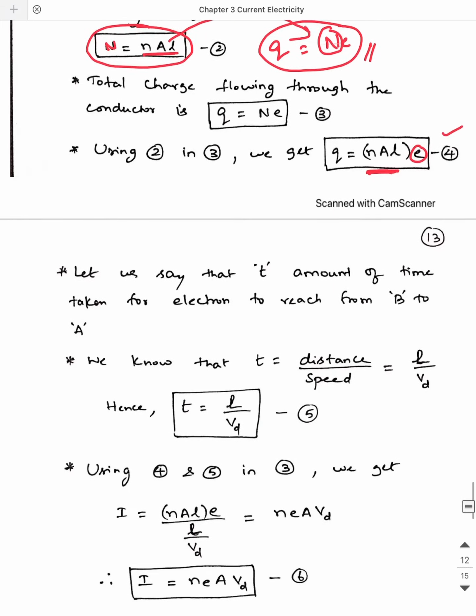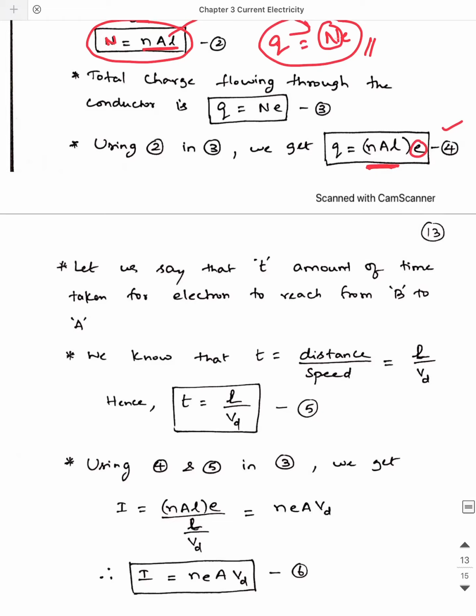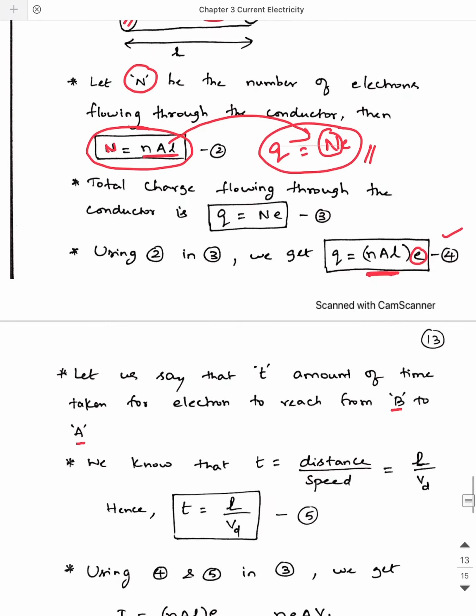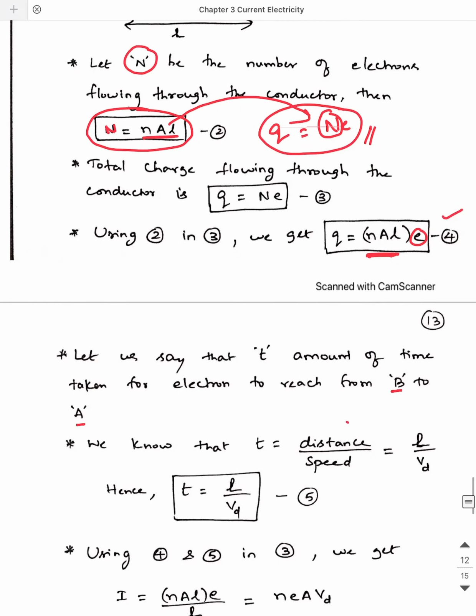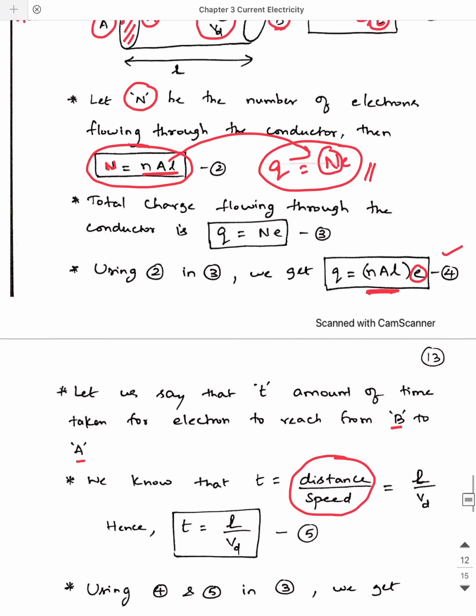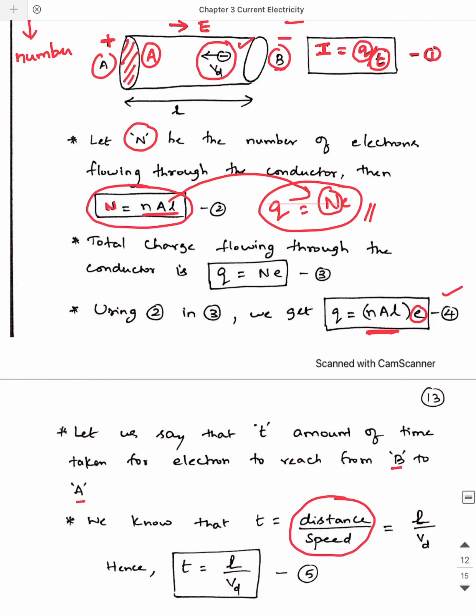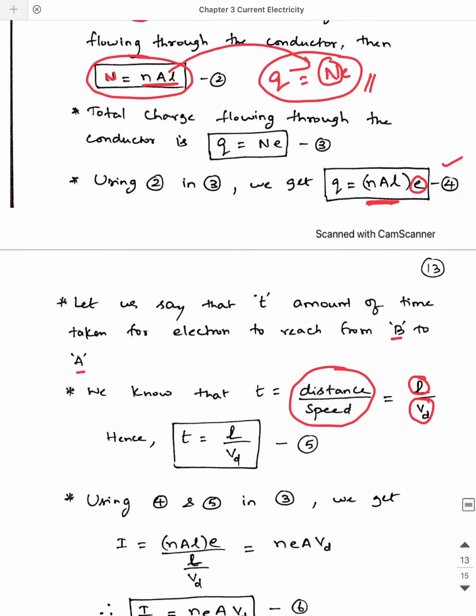Let us say that T is the time taken for the electron to reach from point B to point A. We know that time is distance divided by speed. The distance between B and A is L, and the speed with which it travels is Vd. So T is given as L divided by Vd. Let this be expression 5.